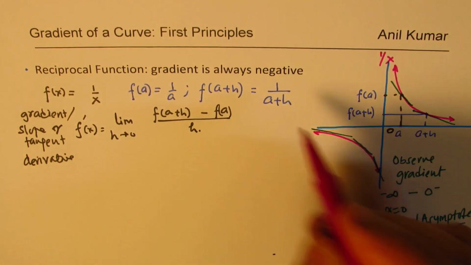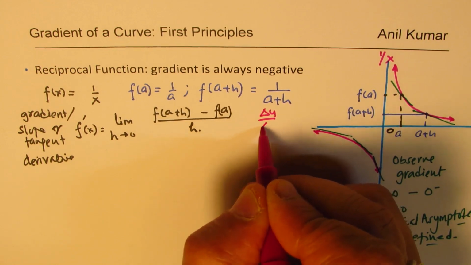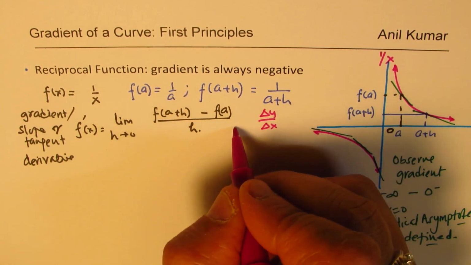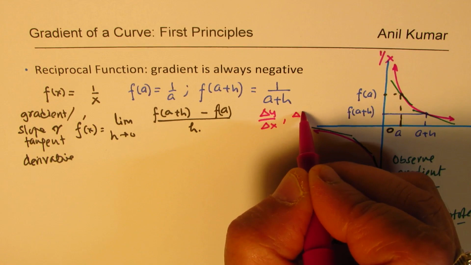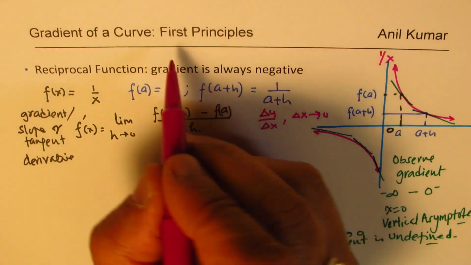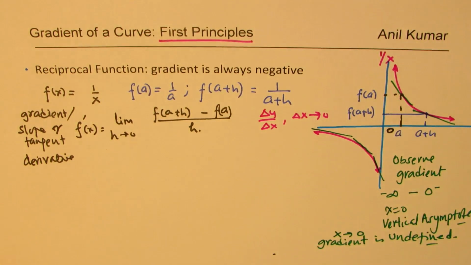This is as good as saying delta y over delta x, where delta x is approaching 0. That is first principles. So we're kind of reviewing all the concepts which you have learned so far.